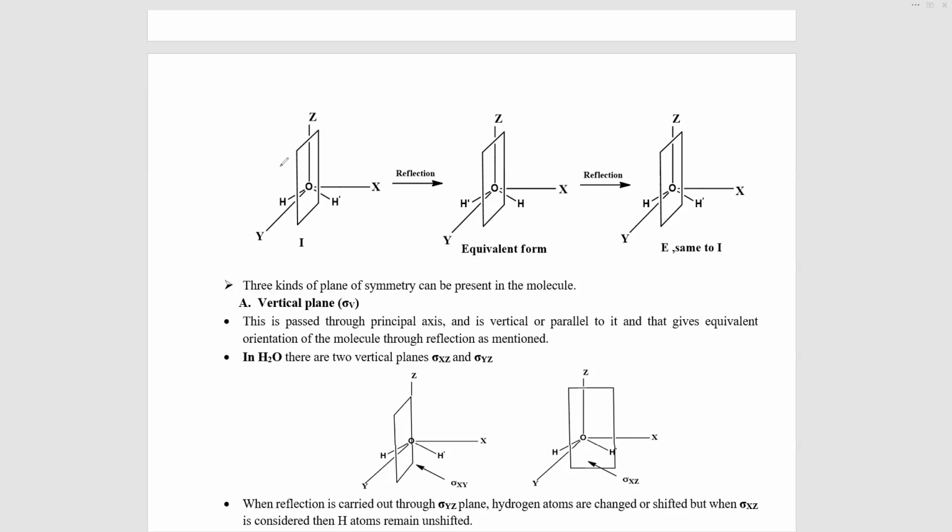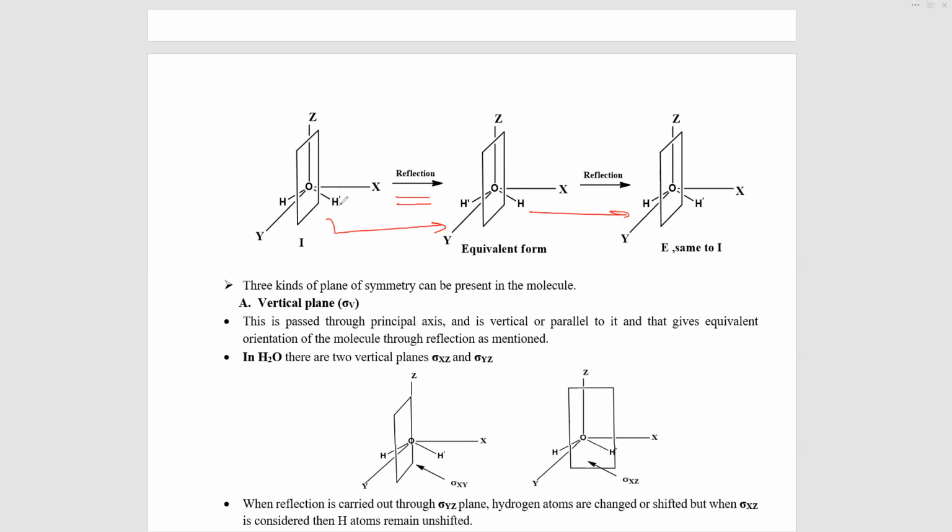Similarly, for better understanding, with this diagram we can understand what the XZ and YZ planes are in the H2O molecule. How does it work? After the first reflection, this structure looks like this, and after the second reflection, this structure looks like this. Here H and H dash are written for understanding only.